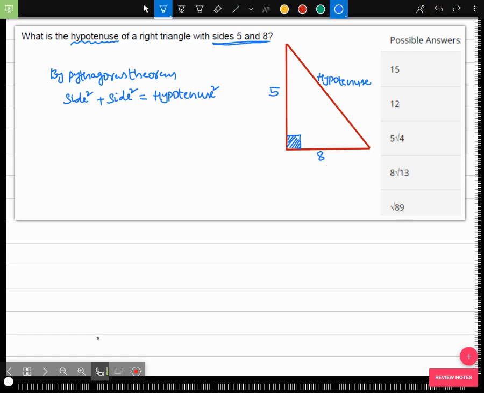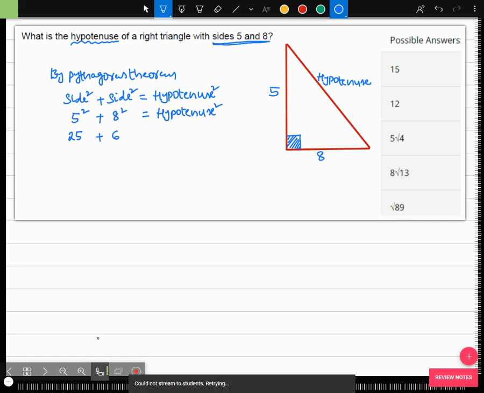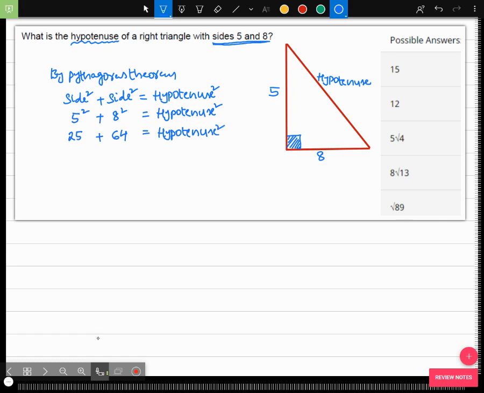Therefore, 5 square plus 8 square equals hypotenuse square. 5 square is not 5 times 2. Several times I told you it is 5 times 5, that gives us 25. 8 square is 8 times 8, 64. Adding 25 and 64 gives 89, that's the hypotenuse square.